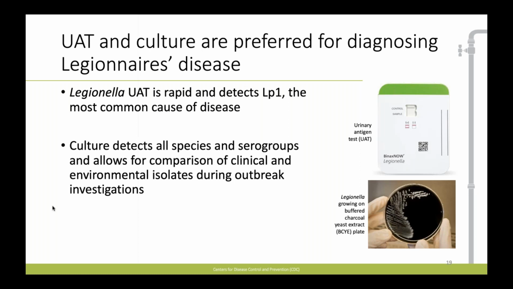Additionally, culture allows for the detection of all species and serogroups, and most importantly, with regards to an outbreak investigation, it allows for a comparison between clinical and environmental samples to help determine the root cause and potential location of the bacteria that is infecting patients in an outbreak setting.